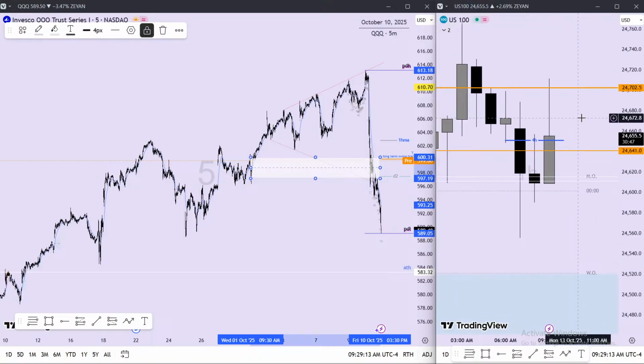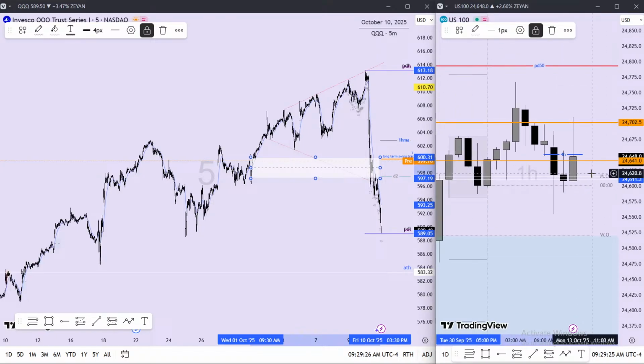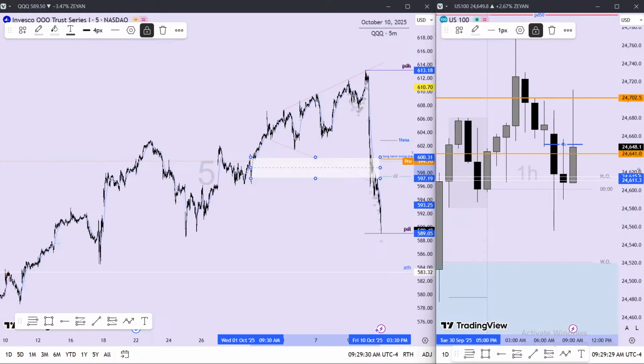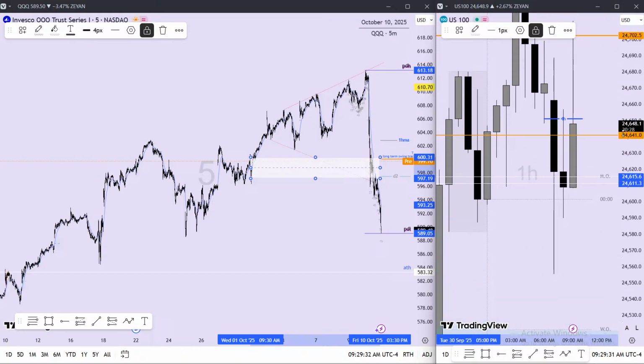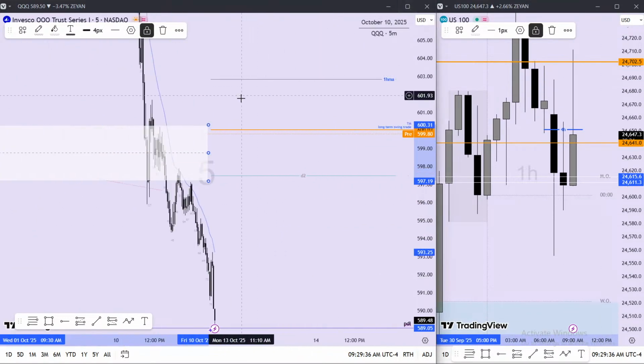This is key information I'm telling you. Beneath 641 or beneath this monthly open, I am not interested in taking a long. I'll be more interested in taking a short or doing nothing. But how much time do we have on the hourly? 30 minutes. Okay, let's see how we are going to open.